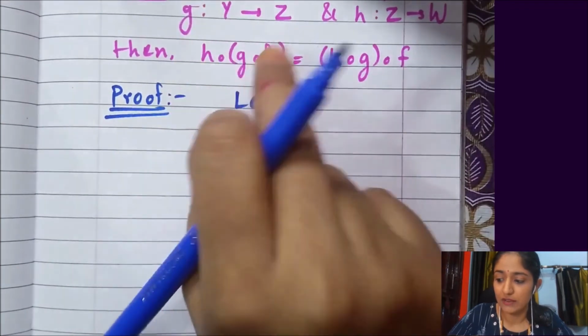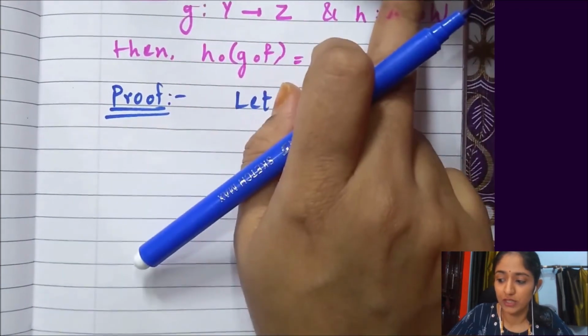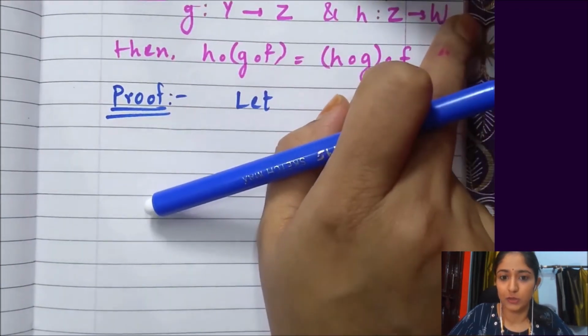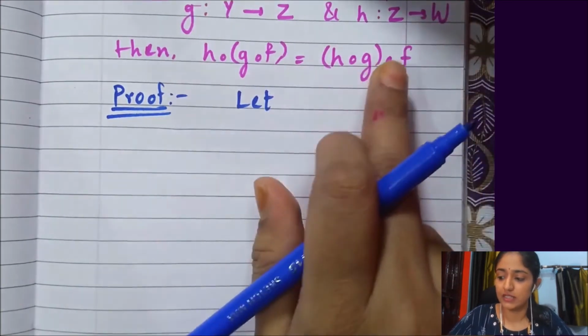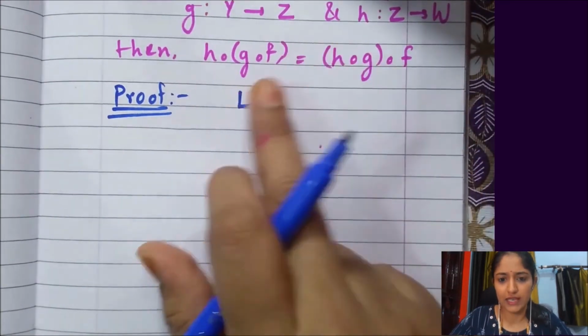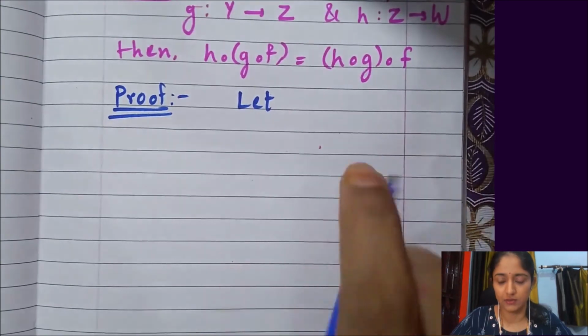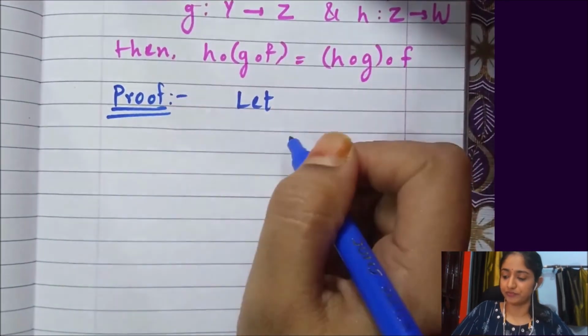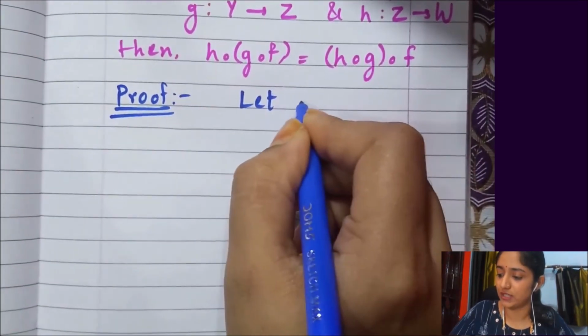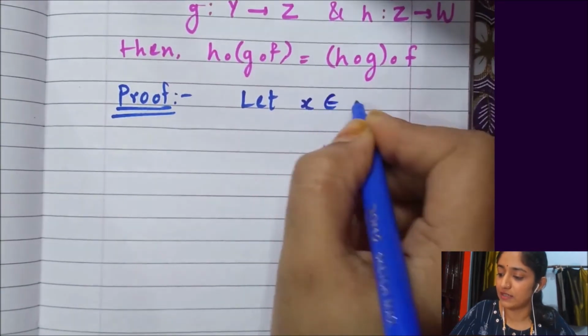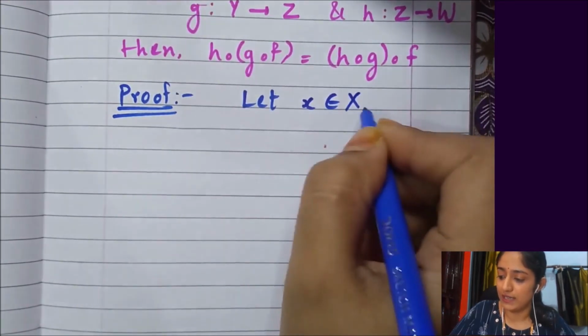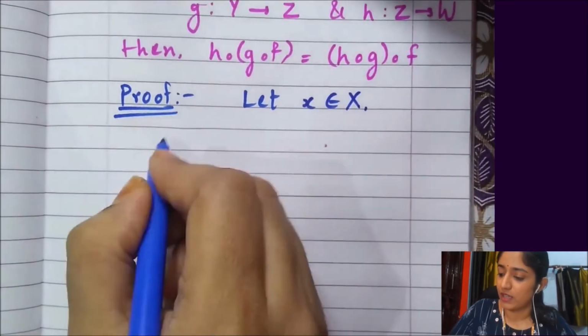So this will have the domain X and codomain W. Similarly, you can check for this also. So they exist, that is pretty trivial. They are defined.